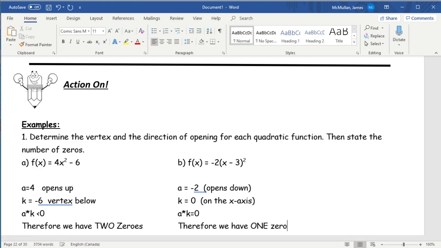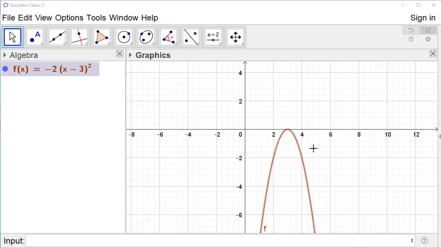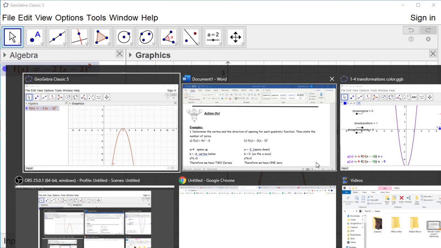So there's 1 zero only. Again, if you draw this one, negative 2(x minus 3) squared, you get that. You can see it has 1 zero, and that zero is on the x-axis there itself.